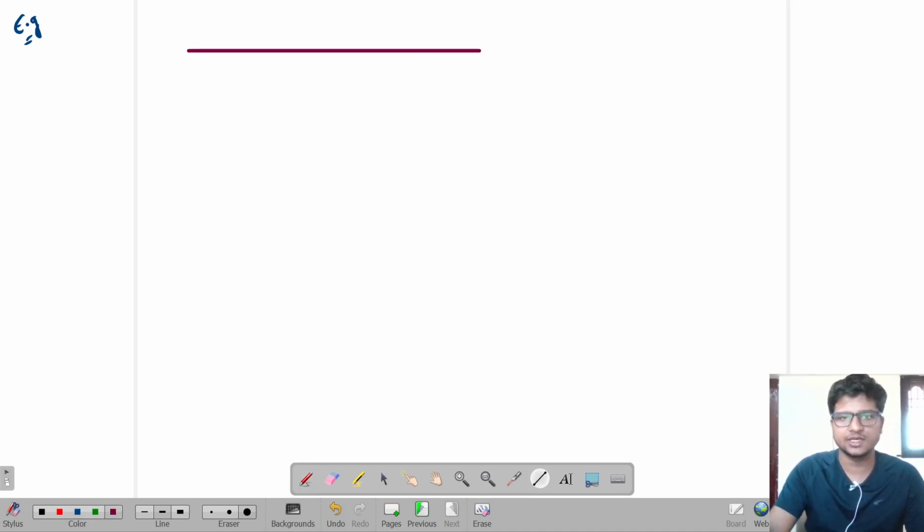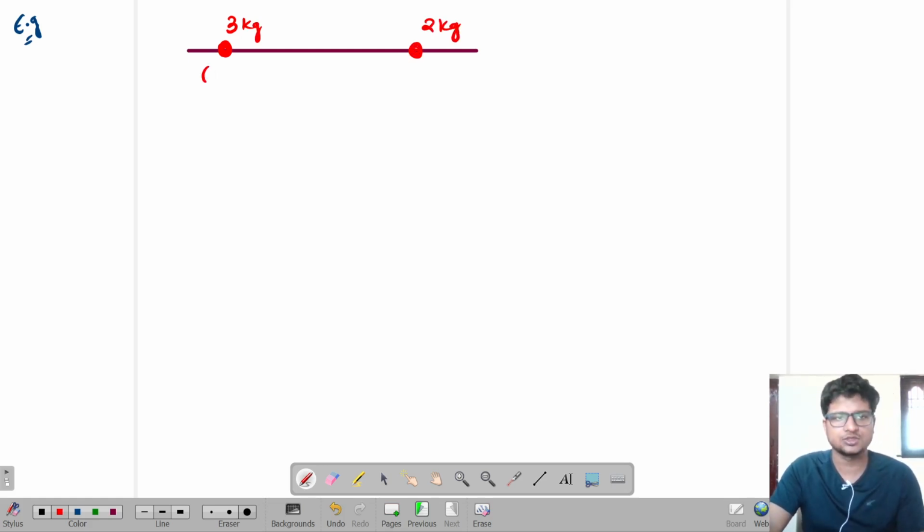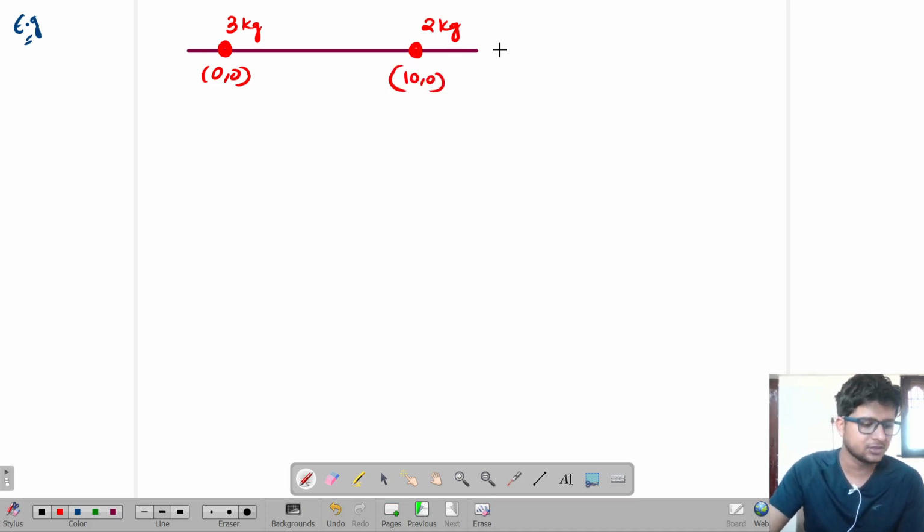Let's suppose there are two masses, 3 kg and 2 kg, and this 3 kg is at 0 comma 0 and this 2 kg is at 10 comma 0. Got it? Find the center of mass.